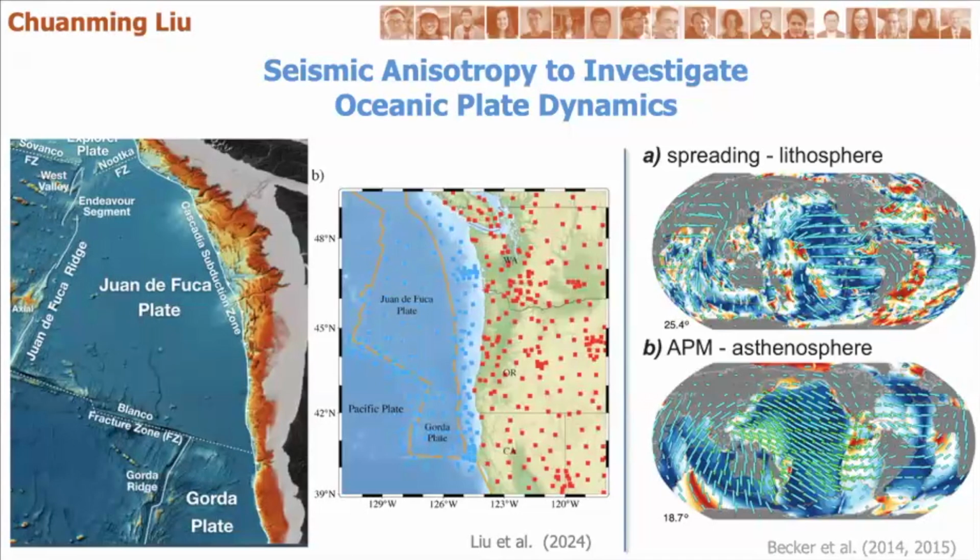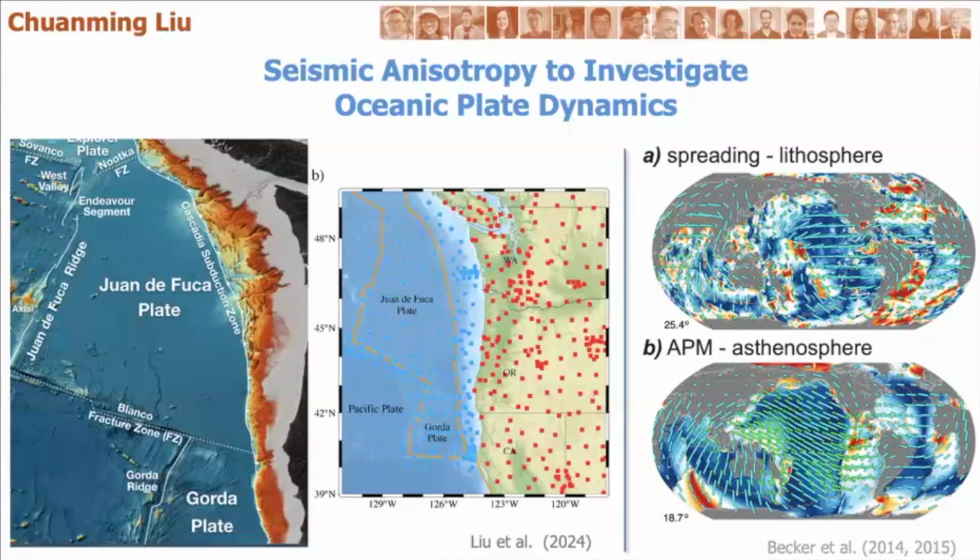So we can use this seismic anisotropy information to compare with the plate spinning direction. Blue color means it is consistent with the plate spinning direction and the surface wave azimuthal anisotropy in the oceanic lithosphere. We can also use the seismic anisotropy from surface waves to give us more insights about the mantle flow directions in the asthenosphere.